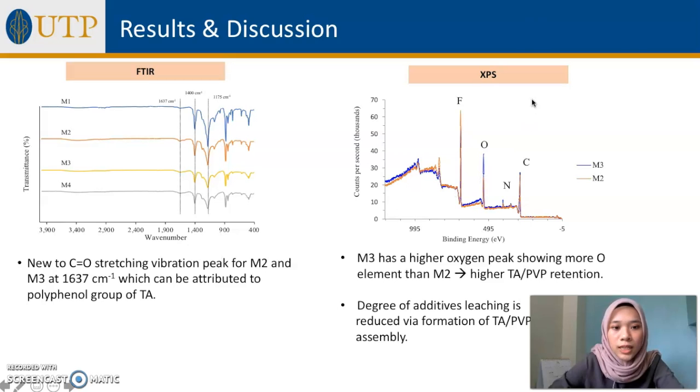For the XPS analysis, comparing M3 and M4, which differ in the coagulation values, we can see that M3 has a higher oxygen peak, showing more O elements than M2. This indicates that the complexation reaction results in a higher retention of TA and PVP, and that the degree of additive leaching is reduced via the assembly.